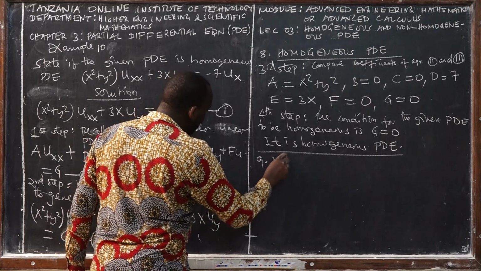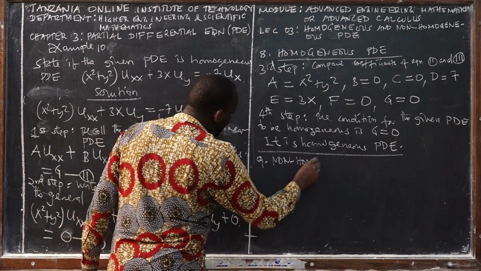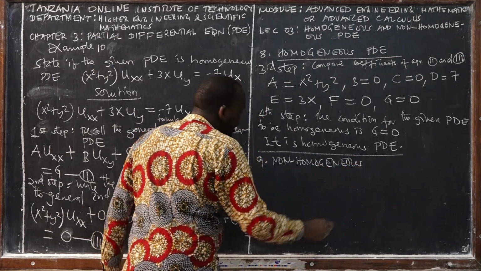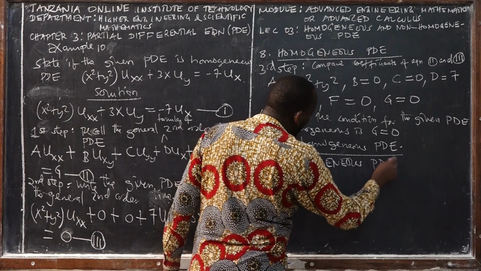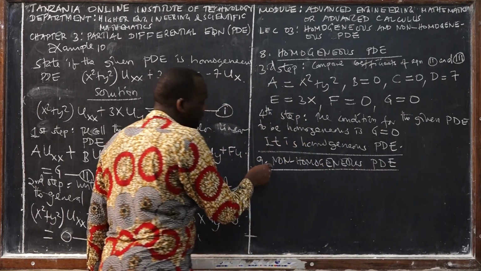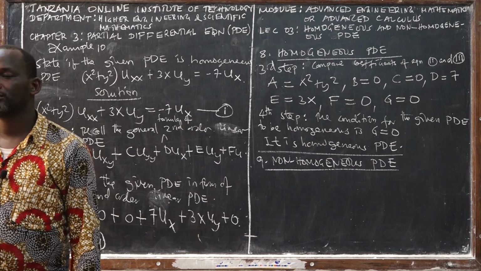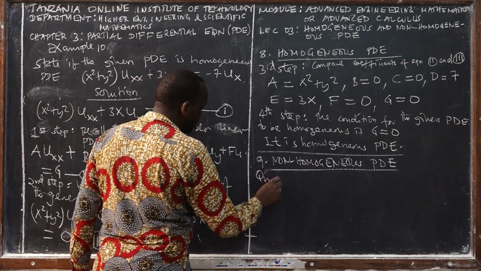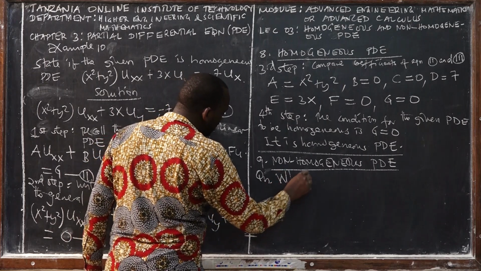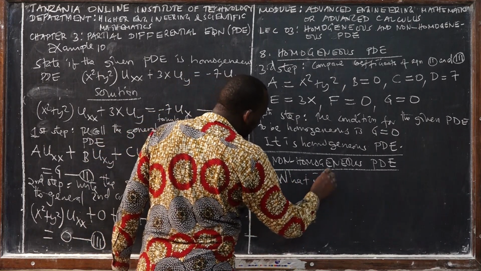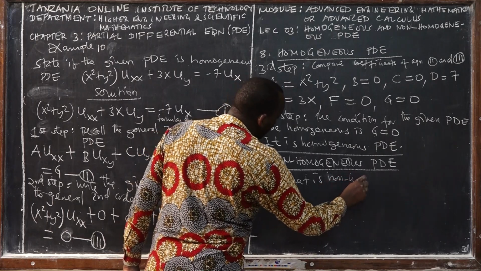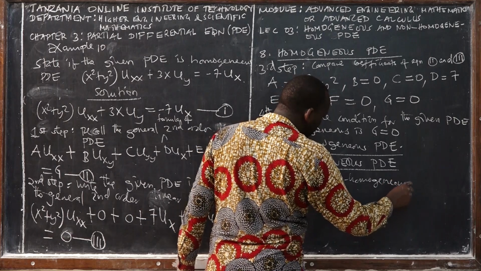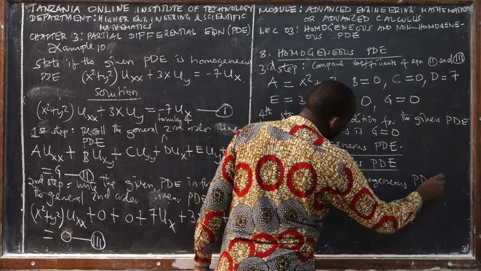Then now, the next case, number 9, non-homogeneous. Non-homogeneous partial differential equation. Then the fundamental question: what is a non-homogeneous partial differential equation?